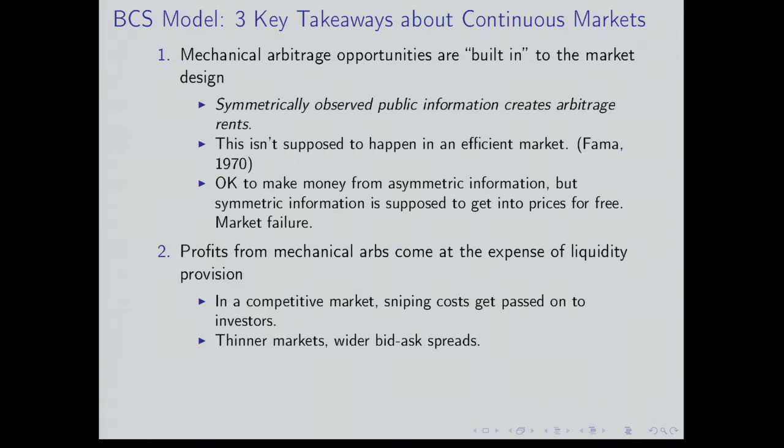Second, the profits from these mechanical arbitrage opportunities come at the expense of liquidity provision. So when Thomas's request to snipe me is successful, that's an algorithmic trading firm engaged in sniping earning rents at the expense of an algorithmic trading firm engaged in liquidity provision.